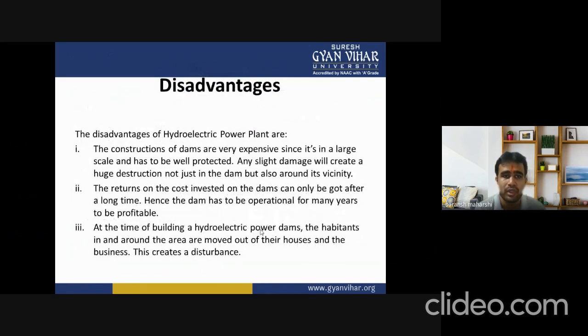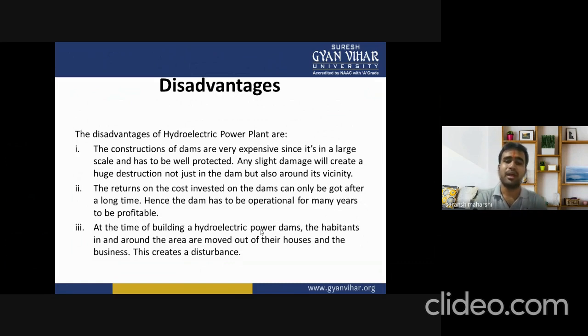Now we will discuss some disadvantages. The disadvantages of the hydroelectric power plant are, first, the construction of dams is very expensive since it is on a large scale and has to be well protected. Any slight damage will create huge destruction, not just in the dam but also around its vicinity. The returns on the cost invested in the dams can only be got after a long time.